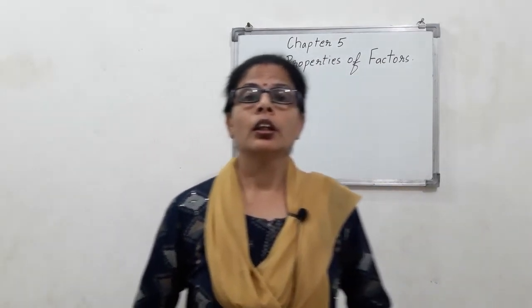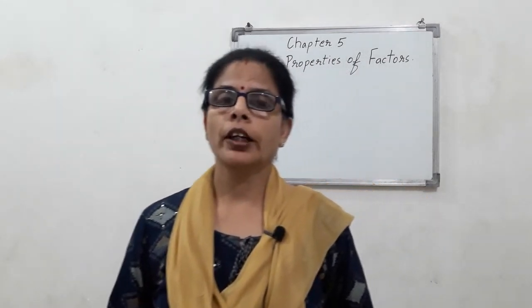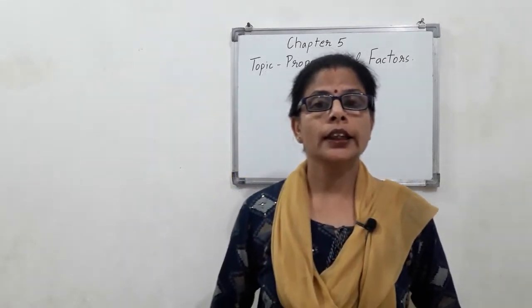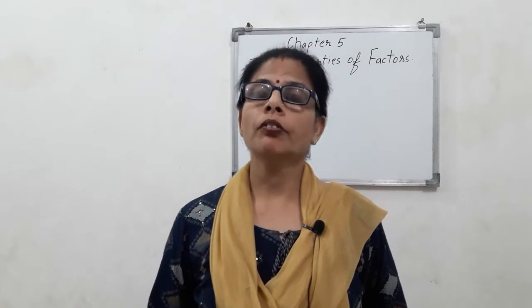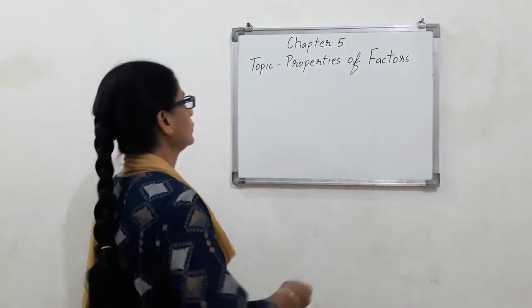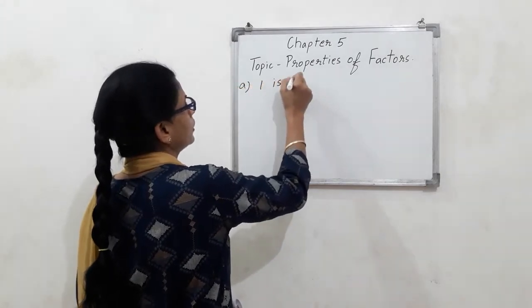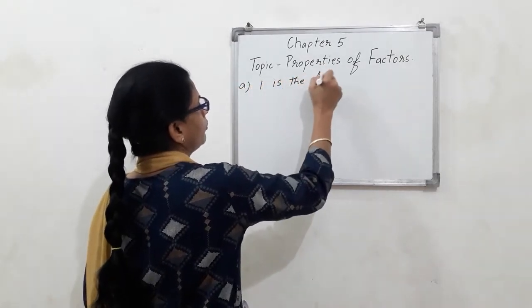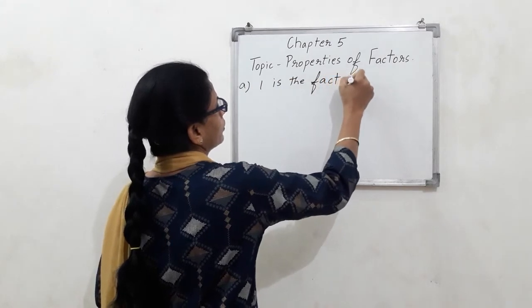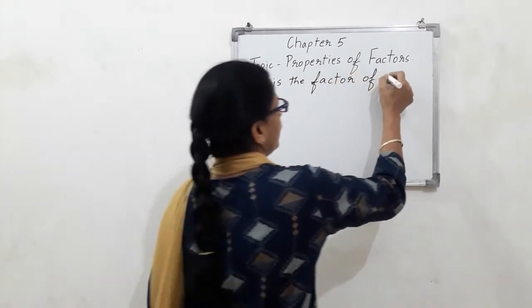When you are finding the factors, you have learned that 1 is the factor of every number. In one table, every number comes. So, first property is: 1 is the factor of every number.